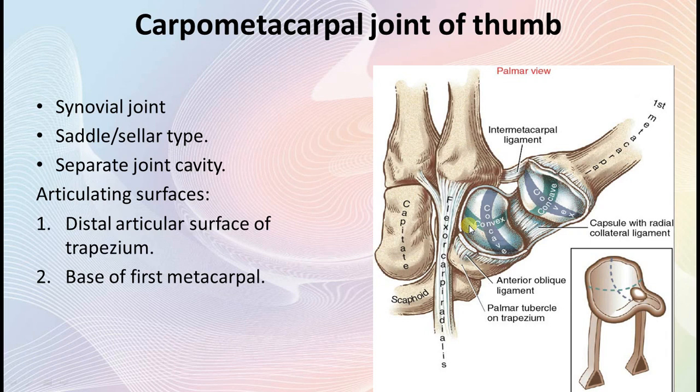The articulating surface is the distal articular surface of the trapezium, which articulates with the base of the first metacarpal bone. The first metacarpal bone is the shortest and stoutest compared to other metacarpals. As I told you, since it is a saddle variety, they are reciprocally concavo-convex or convexo-concave, however you want to call them.